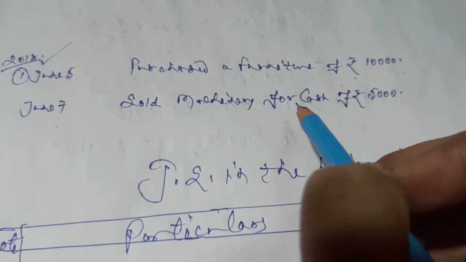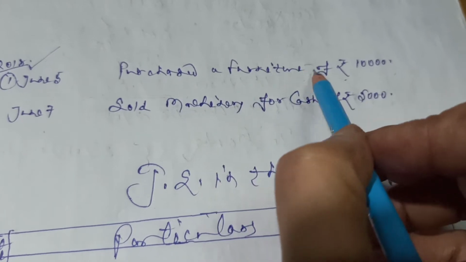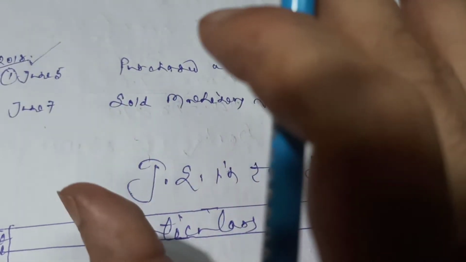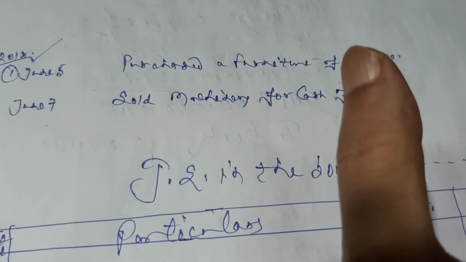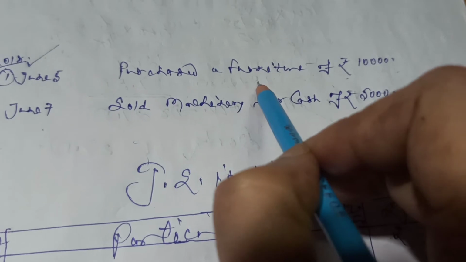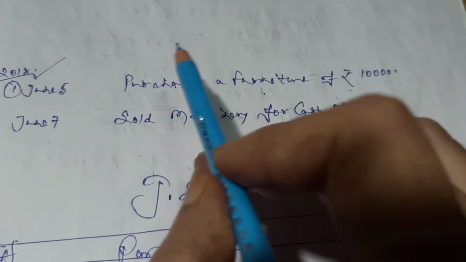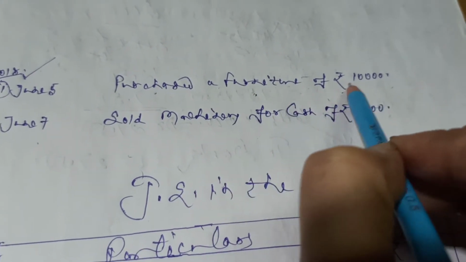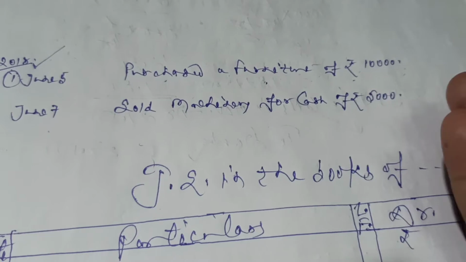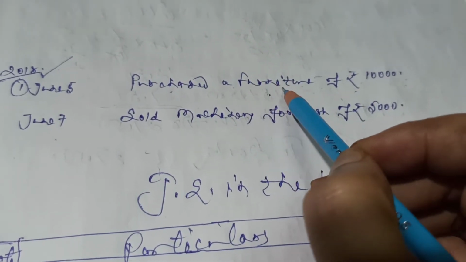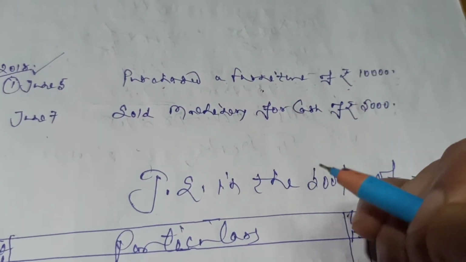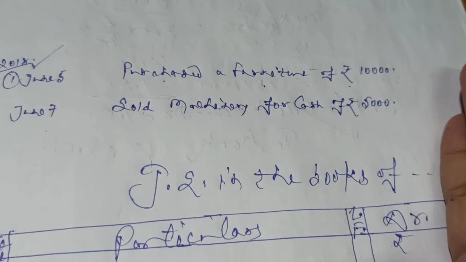In my last video I told you that whenever you are thinking of any transaction, don't think that someone else is doing business. Always treat yourself as a businessman. It's your business. Now you are purchasing a furniture of rupees 10,000. From your point of view, furniture is coming and cash is going out.